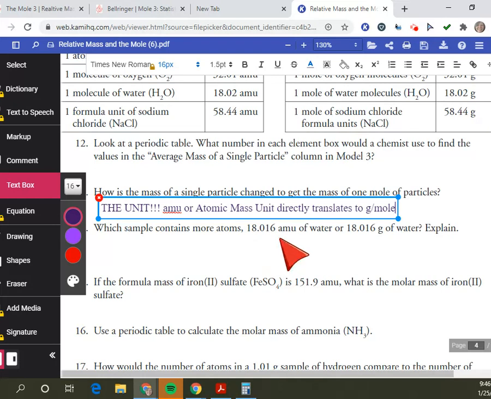The AMU is one molecule of water. The grams is 1 mole of water. So a mole of water is 6.022 times 10 to the 23rd. That's the explain part. Okay? That is the explain part. So you need to really get that locked in.